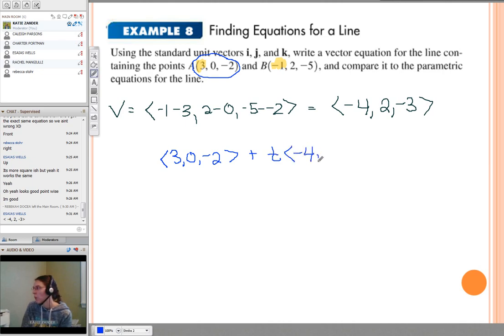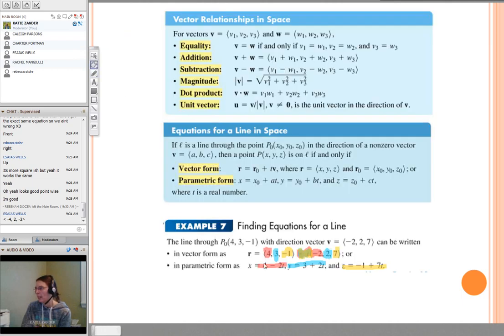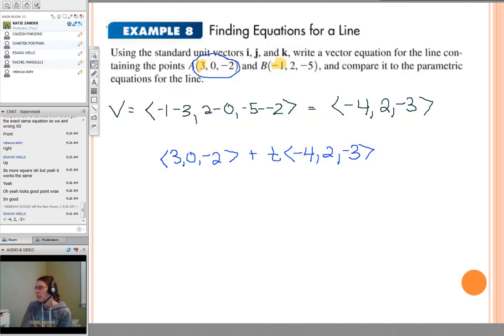So the -4, the 2, and the -3. So all we essentially did was mimic the step that we had back here, right? There's that initial point plus t, and we found that vector v. So that's how we got this form right here. This is the vector form, okay?